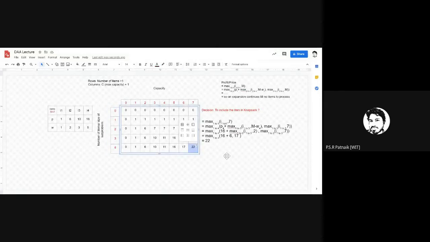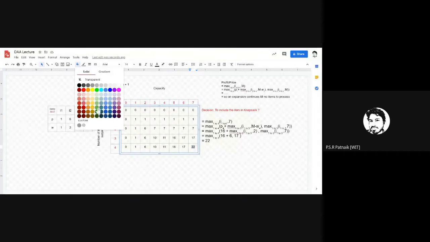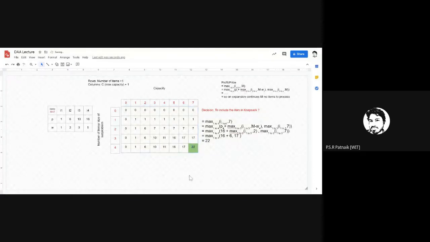So is it the max which I wanted? Yes. If we recall our earlier solution, this is the maximum profit I received. So what is the maximum profit I'll get? It's 22. Okay. Have you understood this approach? Is it clear? Have you understood how it works?